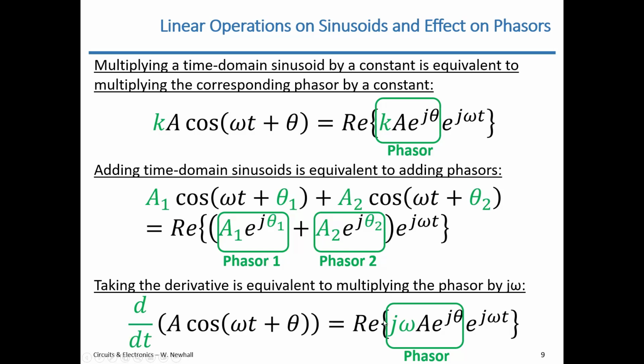So when you take the derivative, that just comes out in front of the derivative. If you take the derivative of e to the j omega t, j omega has to come out. So that's why this j omega shows up here. When we look at the impedance of a capacitor and an inductor, you're going to see this j omega term. That j omega term shows up because the relationship between voltage and current has a derivative in it.